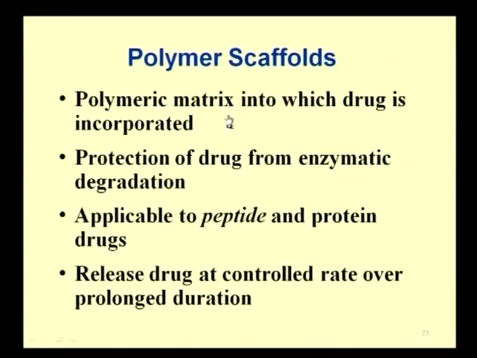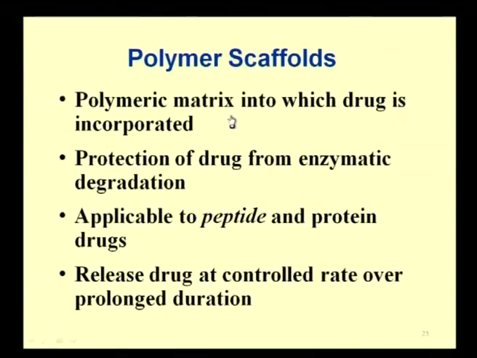Then come the polymer scaffolds. Polymer scaffolds are the polymeric matrix into which the drugs can be easily incorporated. Protection of the drug from any enzymatic degradation is very much possible when you make use of polymer scaffolds. It is applicable especially to peptide and protein drugs.